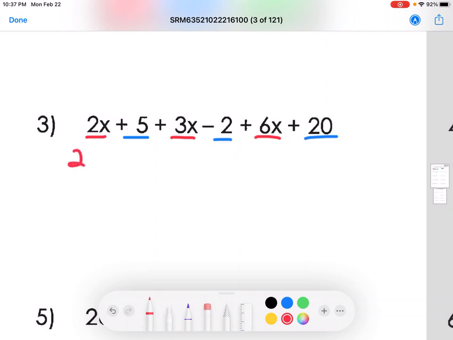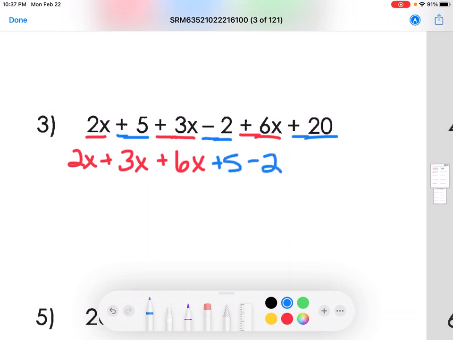So I have 2 times x, and you want to use the sign that's in front of that term. So 2 times x plus 3 times x plus 6 times x. And then I have a plus 5, a minus 2, and a plus 20.